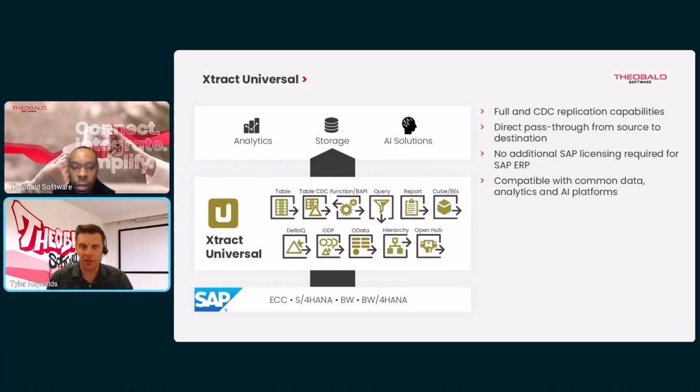As Brian just showed in the demo, there are many different types of SAP data, objects, and views, whether that's full table pulls, incremental loads, somebody asked about reports, even BW objects such as BEx queries and InfoCubes.